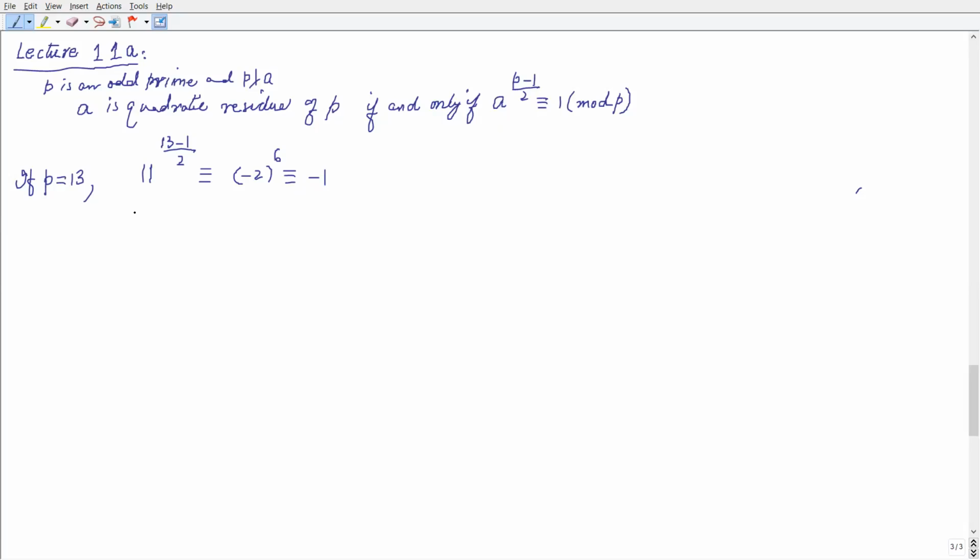And then look at 10. So 10 to the power (13 minus 1) divided by 2, so this is again 6. 10 is congruent to minus 3, so minus 3 to the power 6.